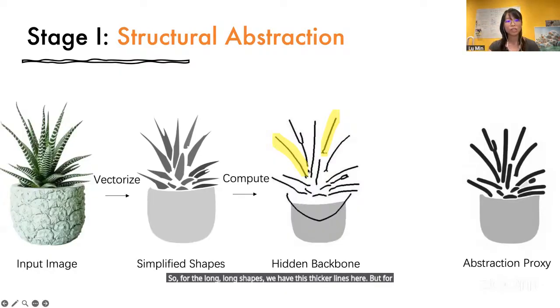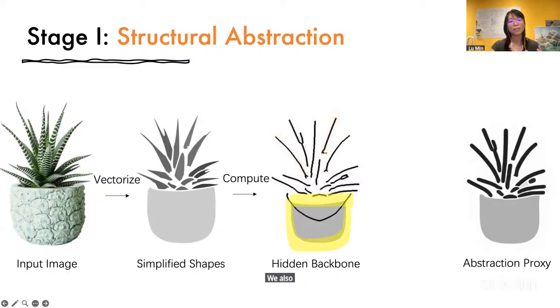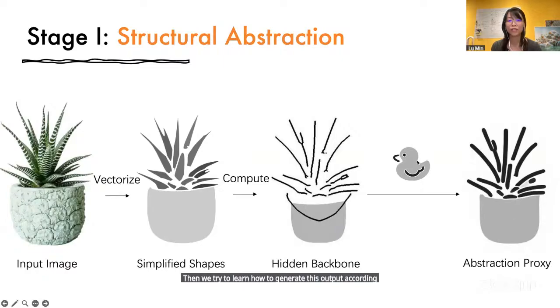But for large shapes, like the pots of the plant here, we also add some gray area: we do erosion, and we get this gray area, to hint that this shape is large, so we cannot take it as a line. So with this hidden backbone, we then try to learn how to generate this output according to the reference.